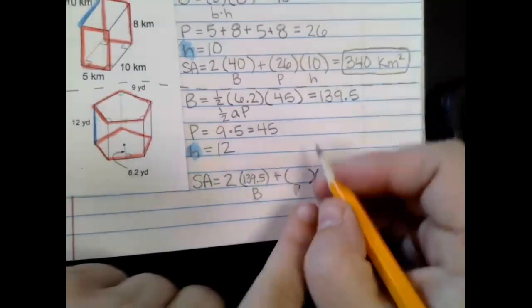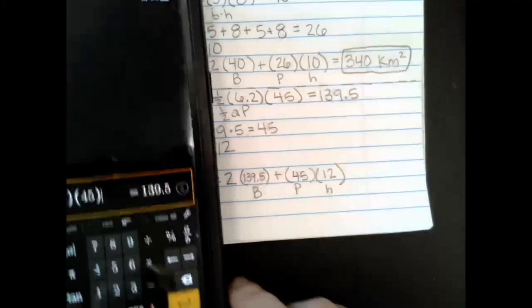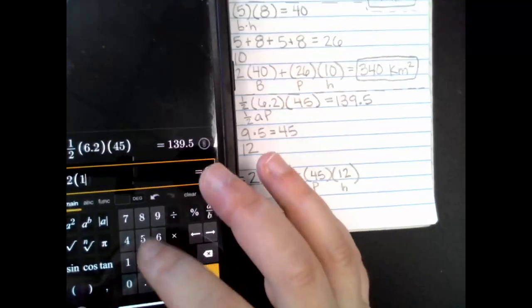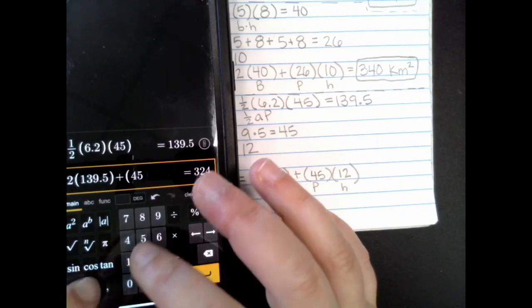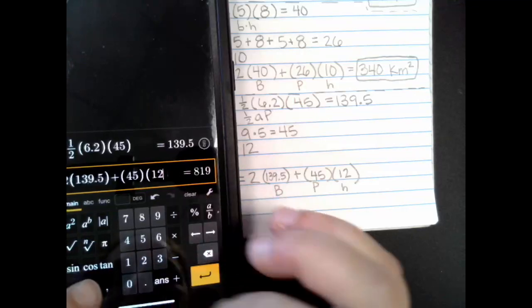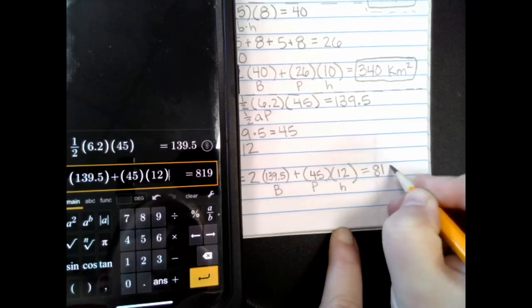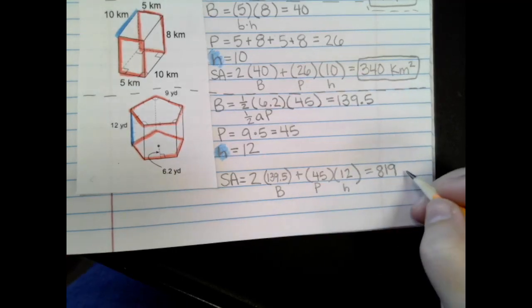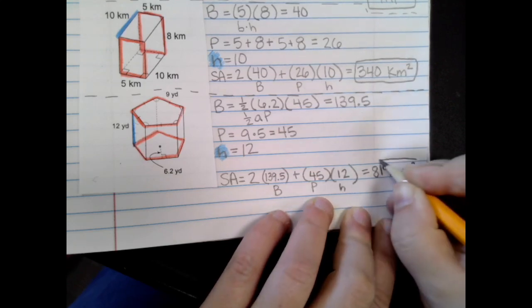All right, and then our perimeter, 45, and our height, 12. Okay, so 2 times 139.5 plus 45 times 12. And we get 819. And how will we label that? Square yards. Good. Remember we write it as yards with that squared afterwards, but we always say square yards.